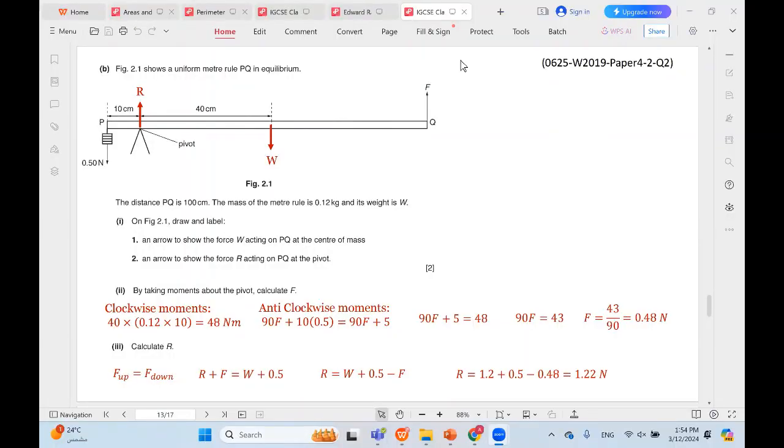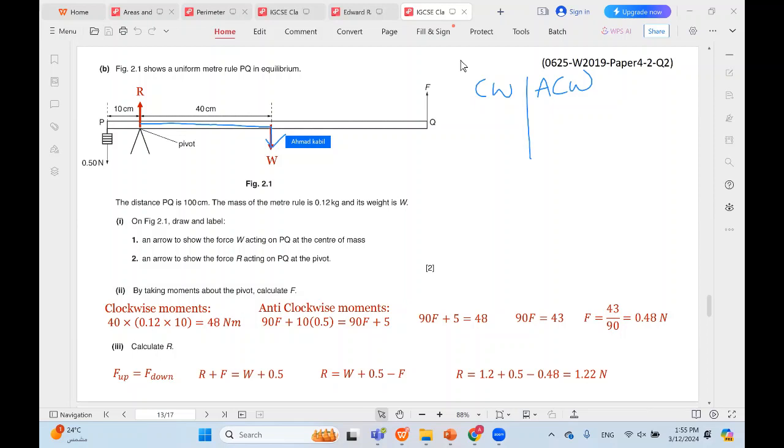In part (i), we are required to take moments about the pivot and calculate F. So let's write down our forces and their corresponding moments. Of course, we have clockwise and anti-clockwise. Now, about the pivot, we have W, which creates a clockwise moment.